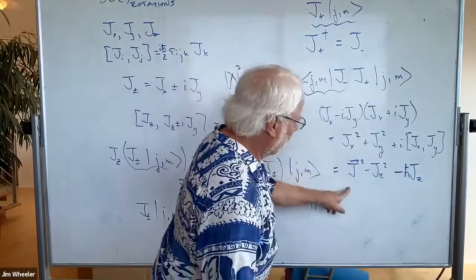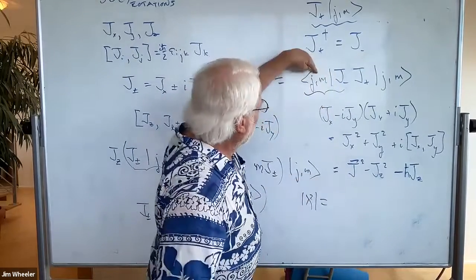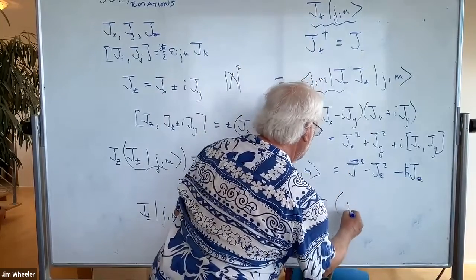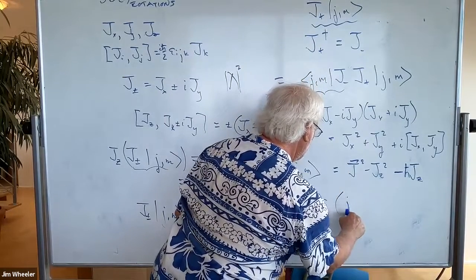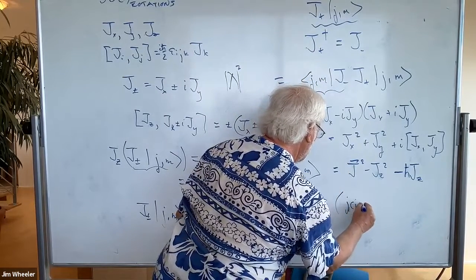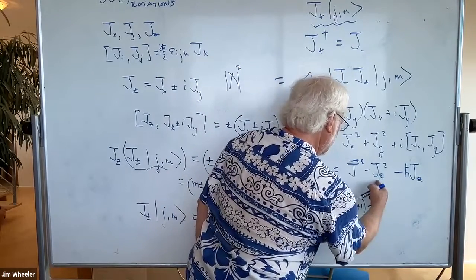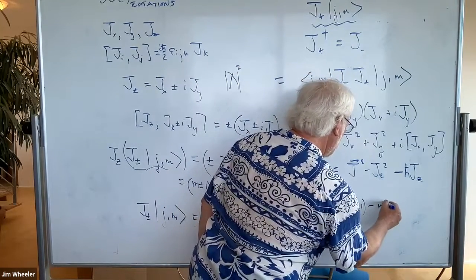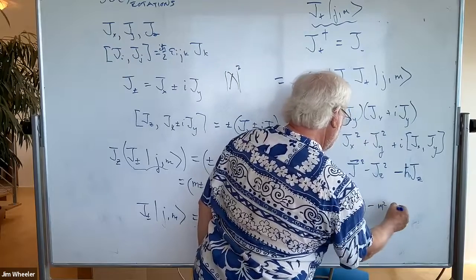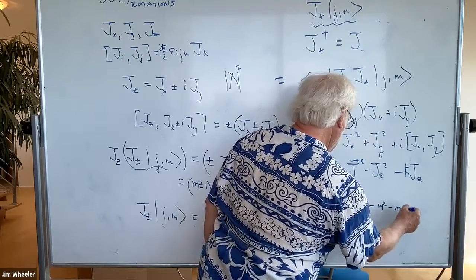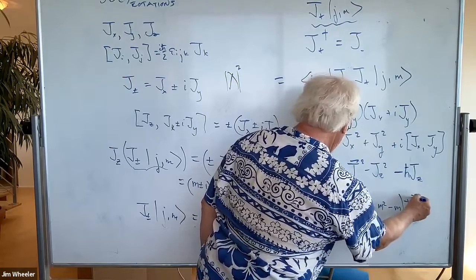All right, I want to sandwich this operator between the jm states. What I'm going to get is j times j plus 1, then minus, this is going to give me an m squared, and this is going to give me an m, and there's an overall h bar squared.